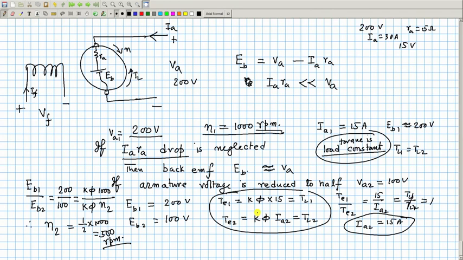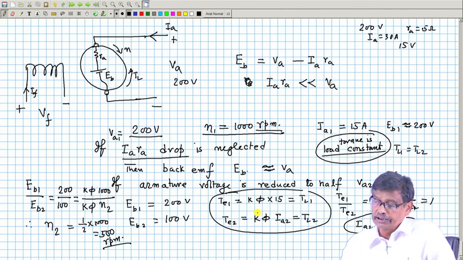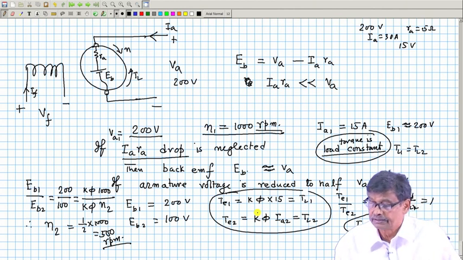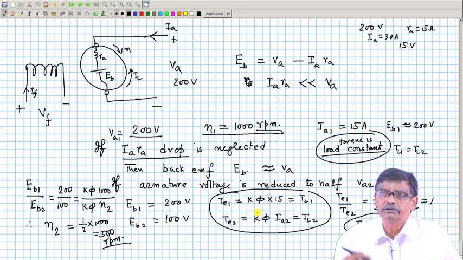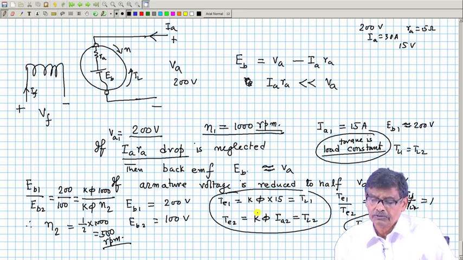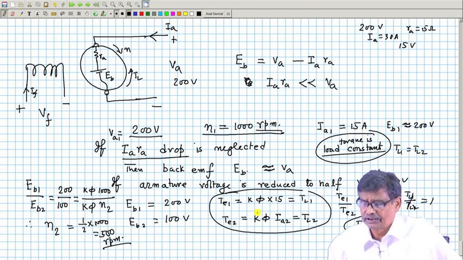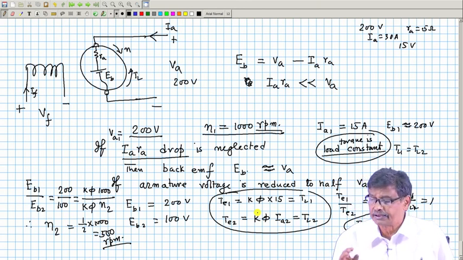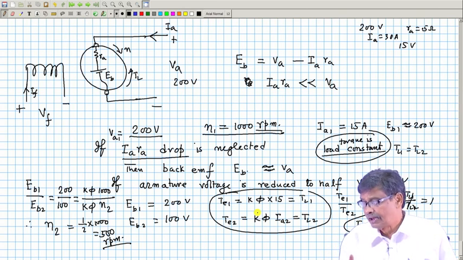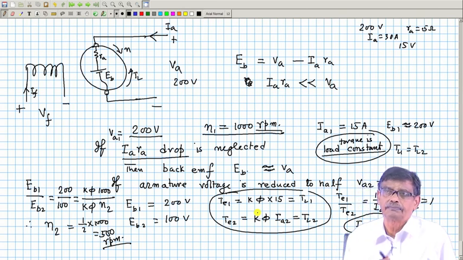Take the ratios of these back EMF equations and the torque equations, and there will be unknowns which can be easily computed. So, I stop here today and we will continue with this considering Ra also in our next lecture. I indicated simply that if Ra can be assumed to be neglected, the IaRa drop, then calculations are much simpler. Thank you.